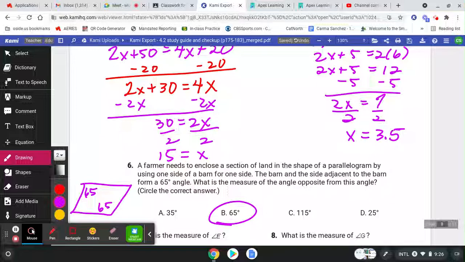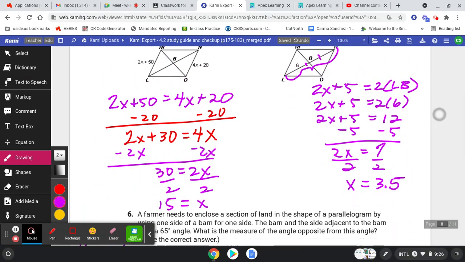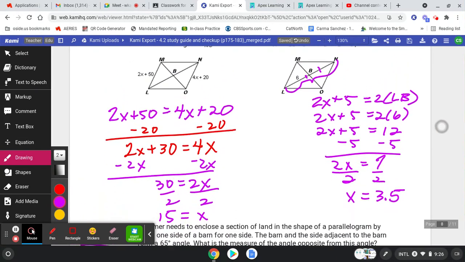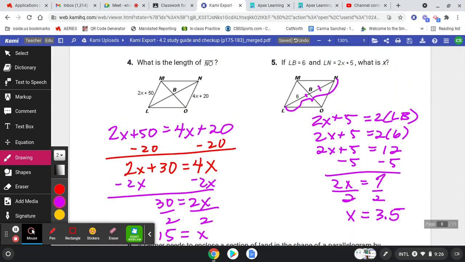Let's go look and see if I forgot that additional step at anything else. Yep, I forgot it here as well. Sorry, guys. So number 4, see how they asked for the measure of NO? That's this entire side. So now that we got that X is 15, let's go plug back into it and see what we get.